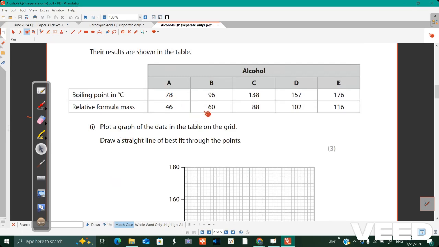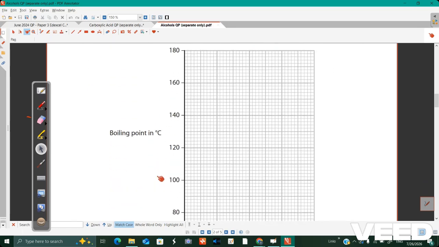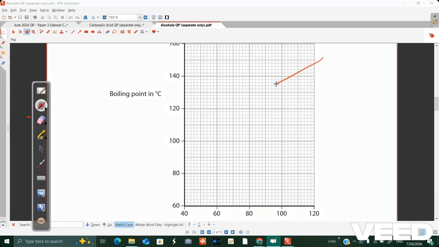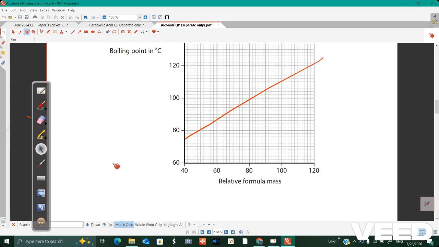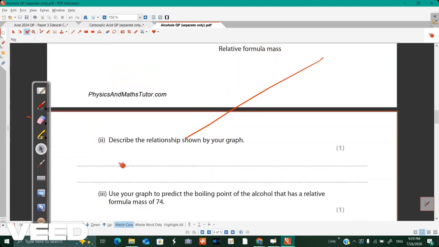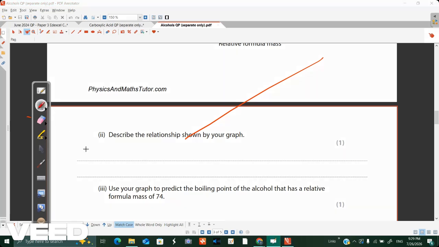With the mass, the boiling point is going up, right? So it's a straight line, something like this, roughly. So you must write the answer this way.